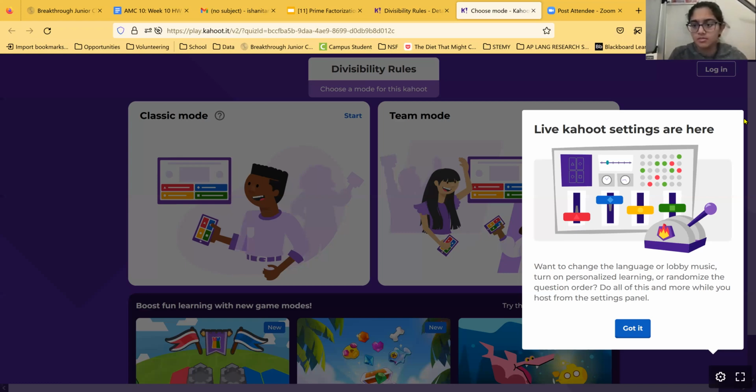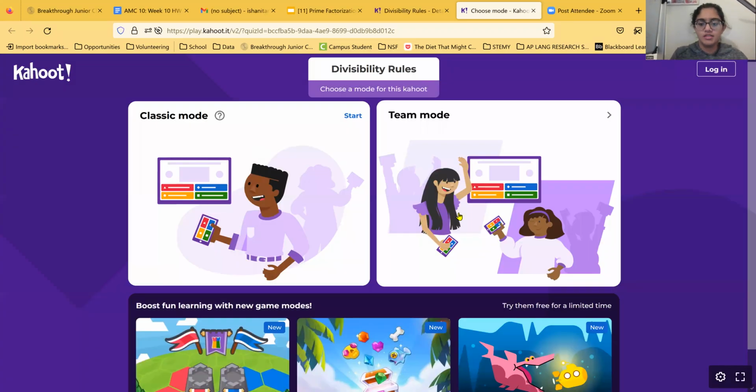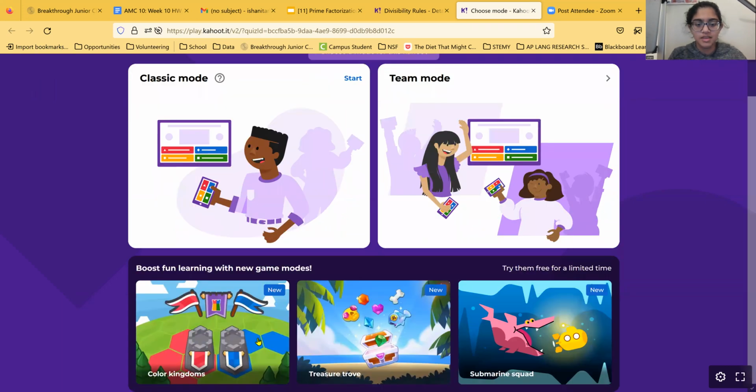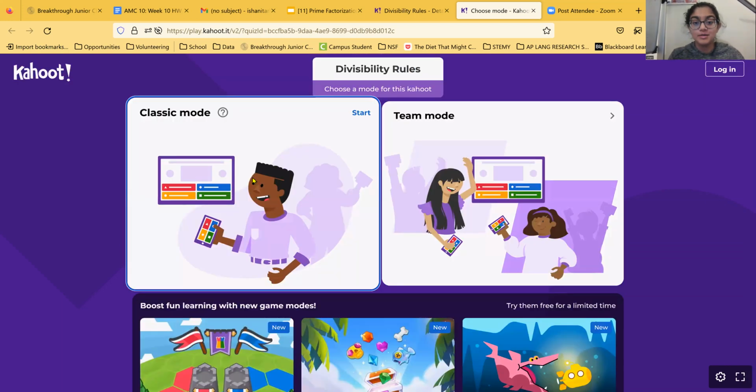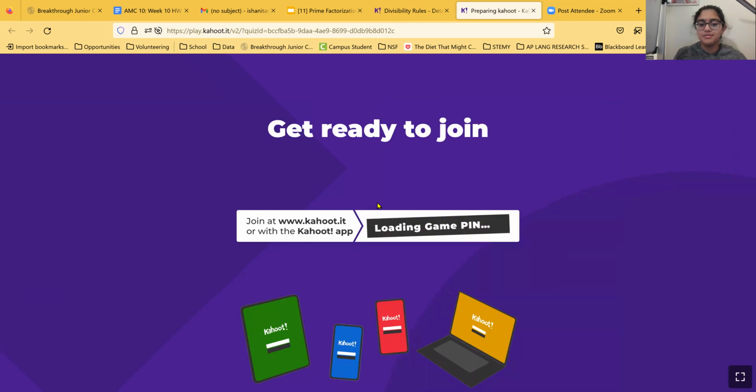Okay. Would you all rather have the new modes or would you rather have the classic mode? Classic. Okay. Do you all agree with that? Okay. I shall assume. Okay.